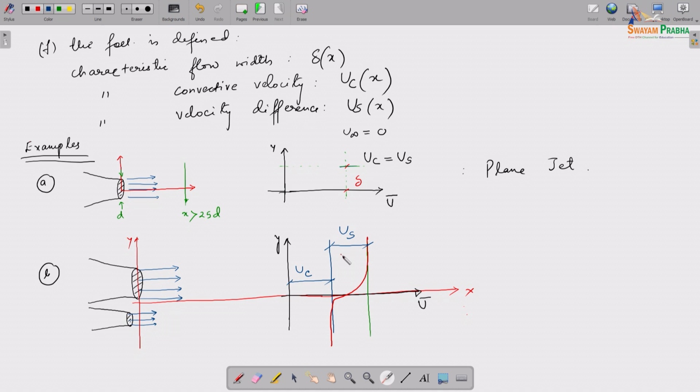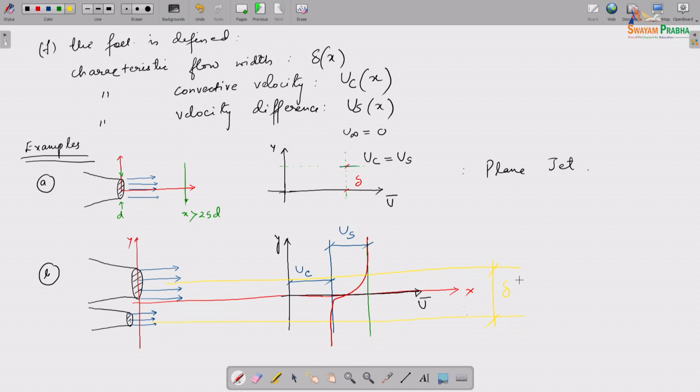Okay, and so I'm basically now forming a mixing layer, and I'm taking the center line through the upper jet and the center line through the bottom jet, and I can call this the characteristic length.